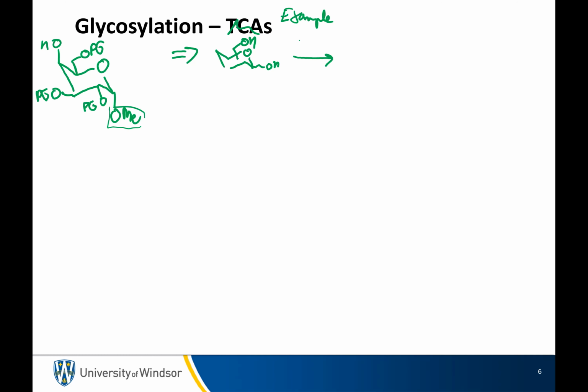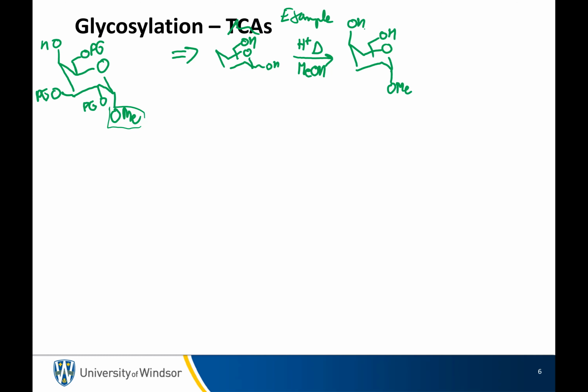So if you take any sugar, you add acid, you add an alcohol, you heat. You mostly get the alpha glycoside, and that's because it's a Fischer glycosylation.